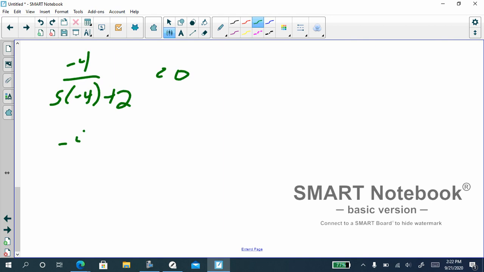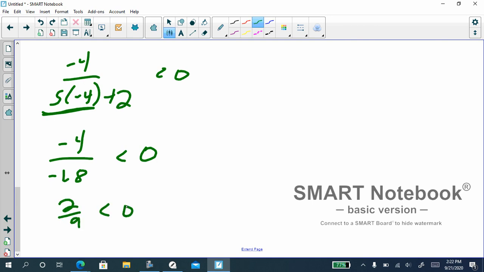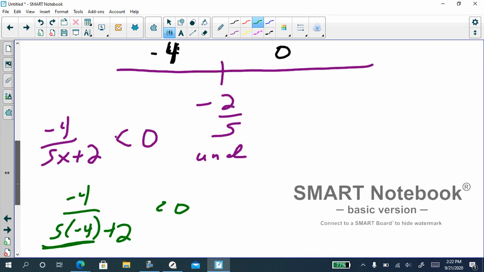We have negative 4 on top, negative 20 plus 2, which is negative 18, on bottom. Negative over negative is positive, and that would reduce. But whether we reduce it or not, 2/9 is not less than 0. Negative over negative is positive, so that does not work.